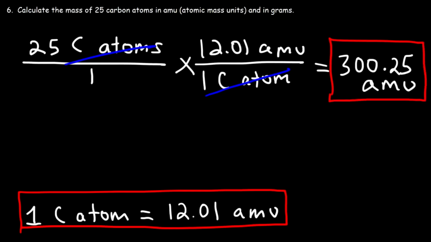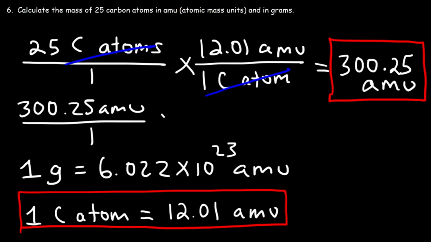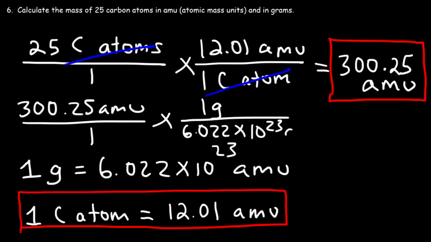Now let's convert this to grams. Another conversion factor that you want to know is that 1 gram is equal to 6.022 times 10 to the 23 atomic mass units. So what we could do is start with 300.25 AMU, and then in the next fraction we could say that 1 gram is equal to this many atomic mass units.